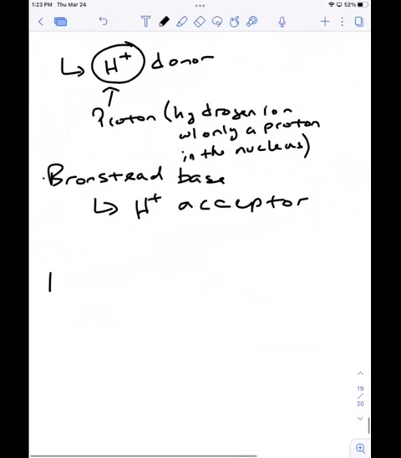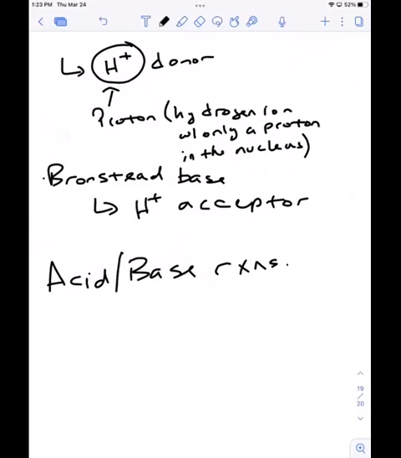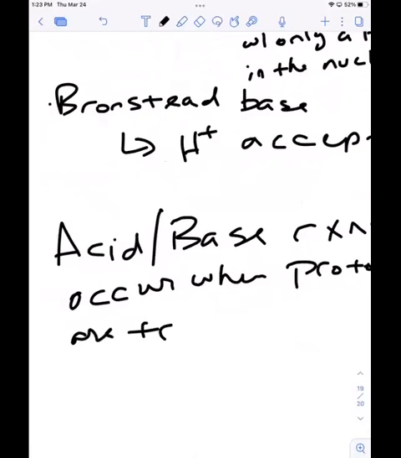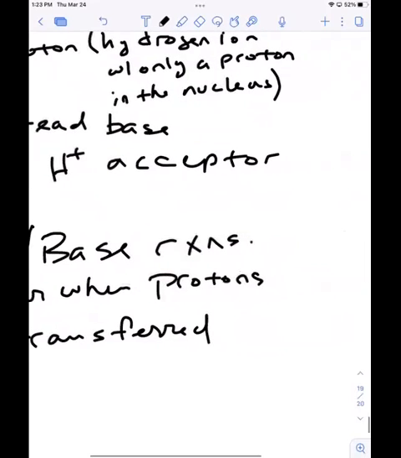So anytime you have an acid-base reaction between a Bronsted acid and a Bronsted base, there's going to be a proton transferred somewhere. Now, don't get this term proton confused with the subatomic particle.